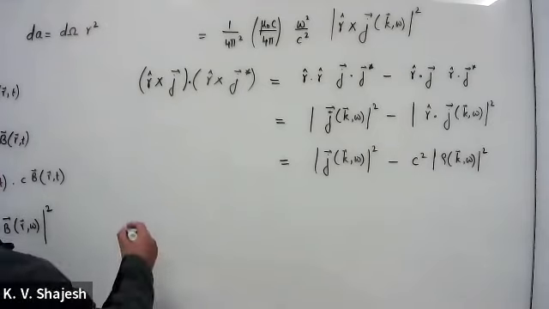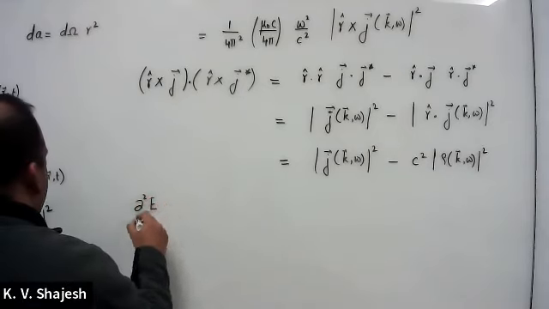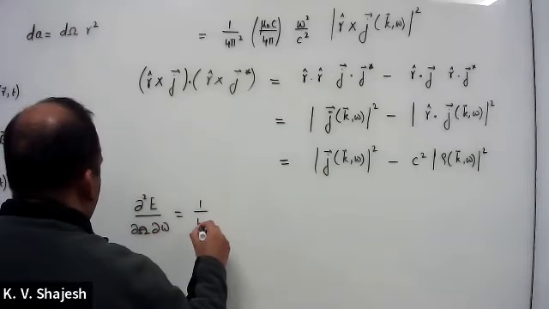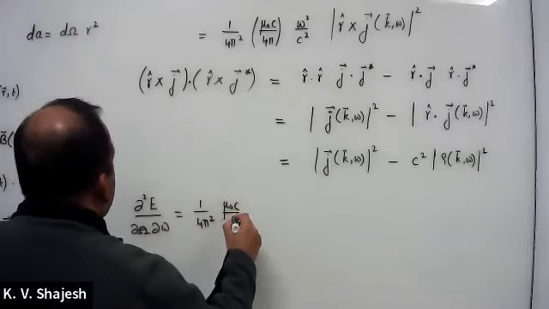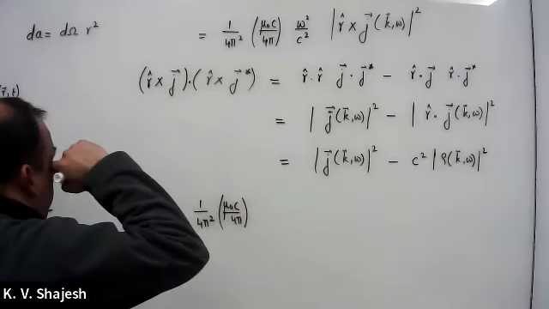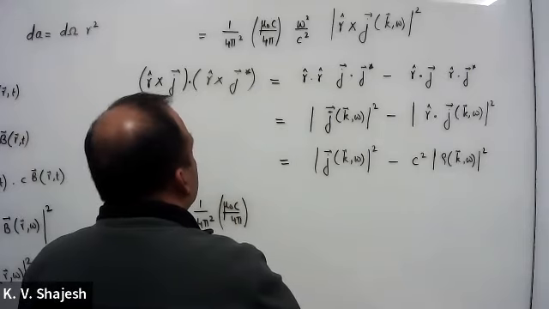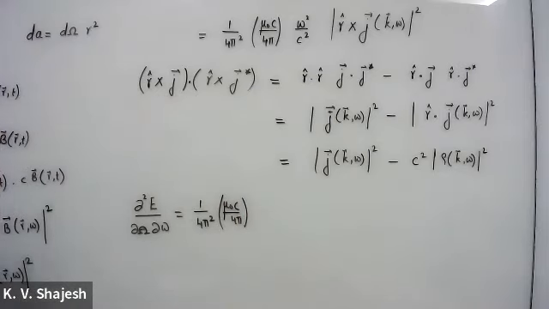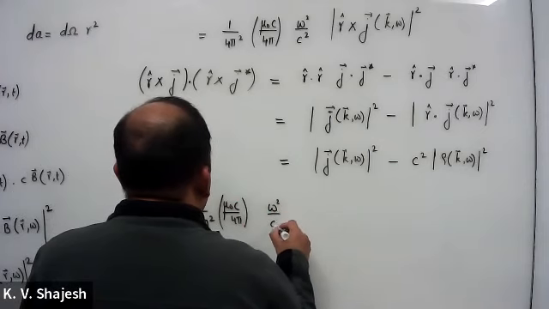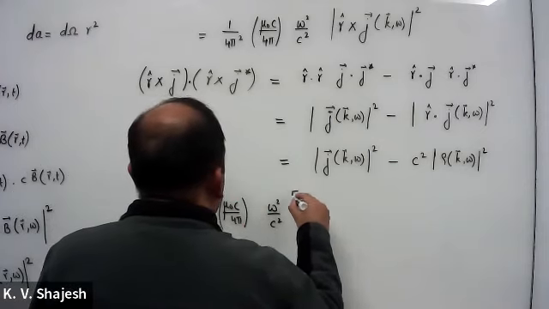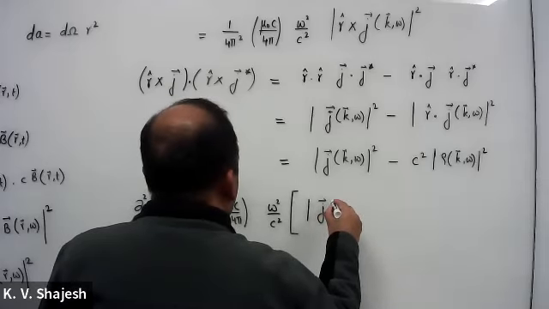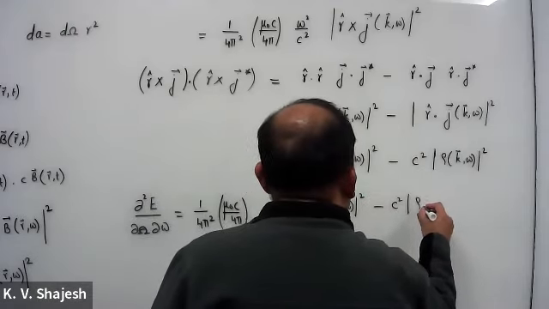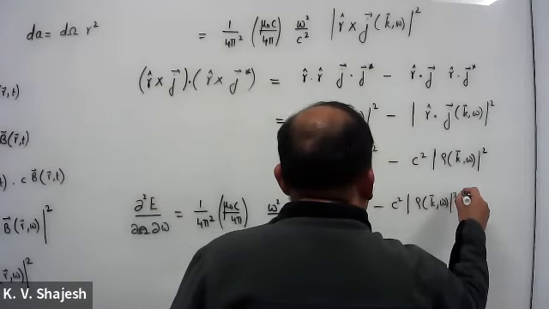In this manner, you can say energy per unit solid angle per unit frequency is equal to 1 over 4 pi squared times mu naught c over 4 pi times omega squared over c squared times this.